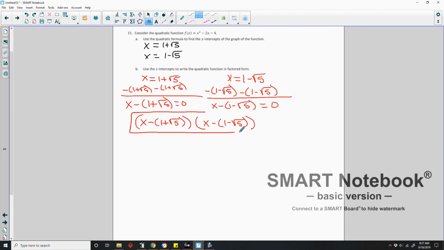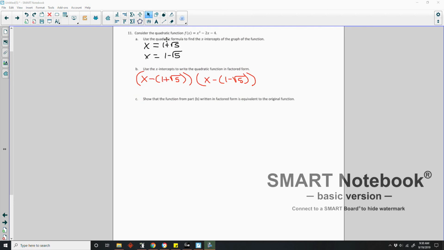So there is our answer, quadratic function in factored form. Okay, and then I just always look everything over to see if I don't overlook something. So if I want this function, I say f of x equals this.